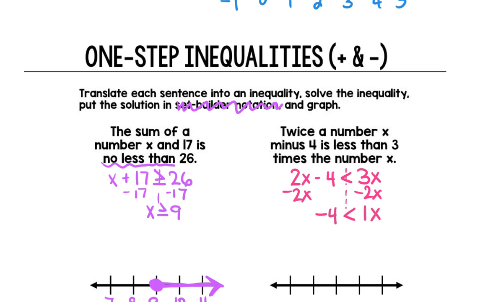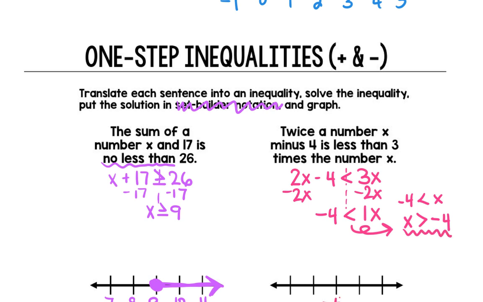Now, because we're used to graphing with the variable on the left, I'm just going to rewrite this as x is greater than negative 4. Negative 4 is less than x, and x is greater than negative 4 is the same thing. It's just easier to graph it when the variable is on the left.